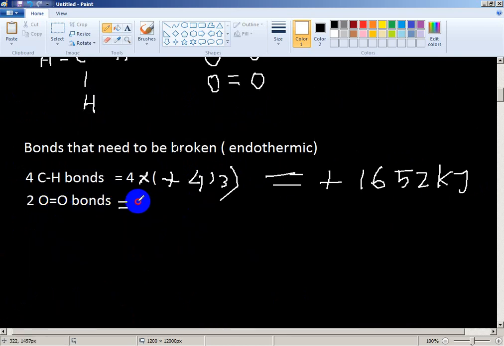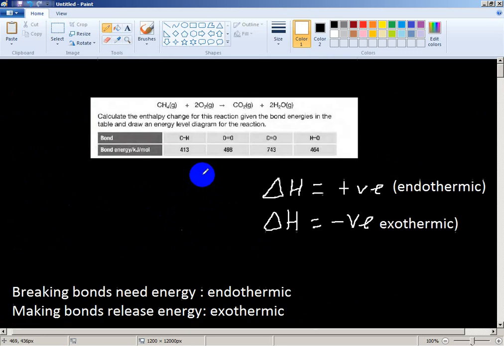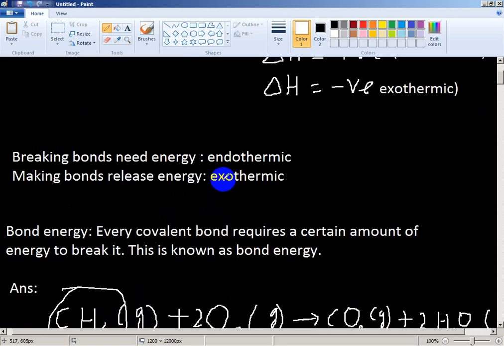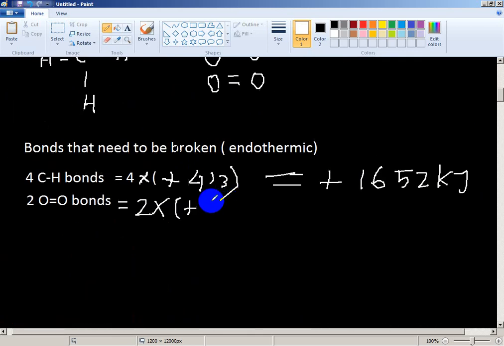So 2 multiplied by 498. This is endothermic, so the sign will be positive. So what is the energy?